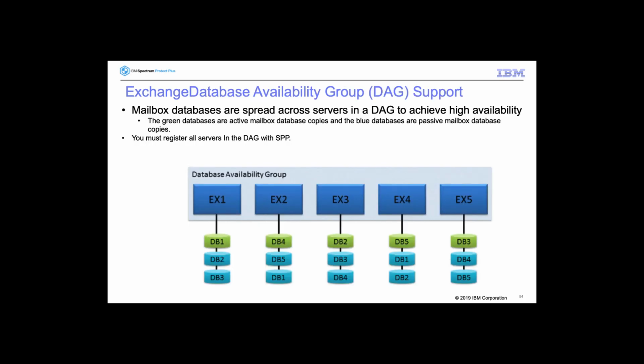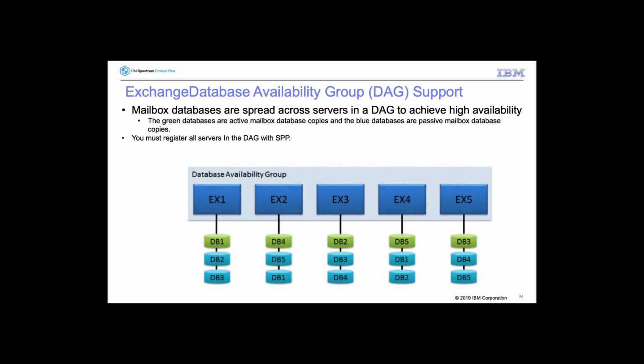Now, one of the things we haven't talked about yet, and I wanted to kind of group together for Exchange, is just like Microsoft SQL Server supports AAGs, Microsoft Exchange does high availability with a so-called DAG, or Database Availability Group.